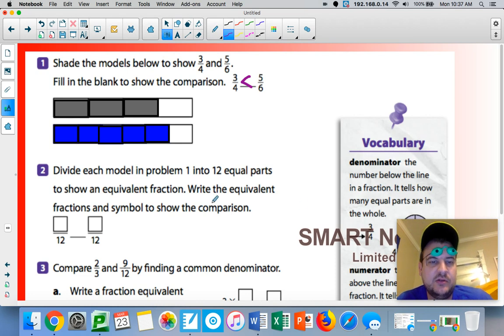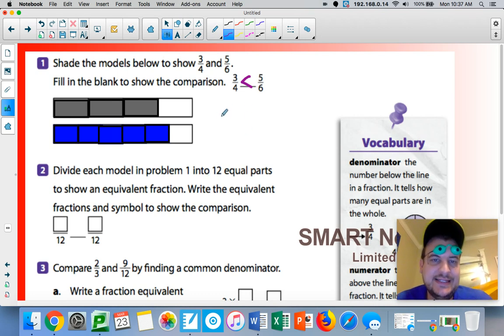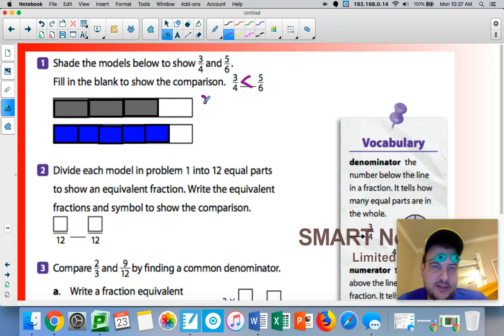Divide each model in problem 1 into 12 equal parts to show the equivalent fraction. So we're trying to get twelfths as our denominator. So you got to ask yourself, what times 4 gets me 12?